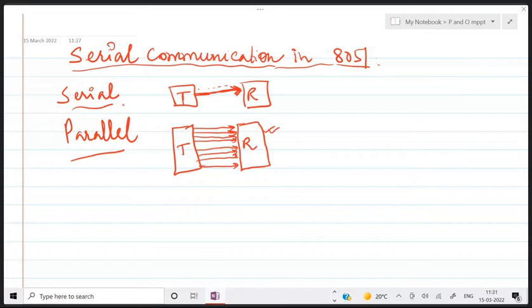So if I talk about the pros and cons of the two ways of communication between two devices, as you could easily see, serial communication is slower. It has to be slower because a packet of data that needs to be transmitted from transmitter to receiver has to be transmitted serially, one by one.